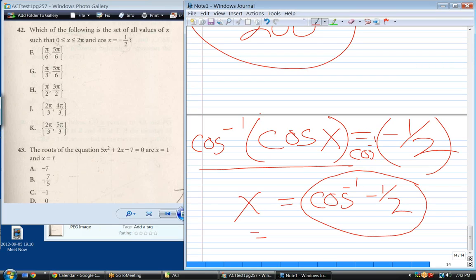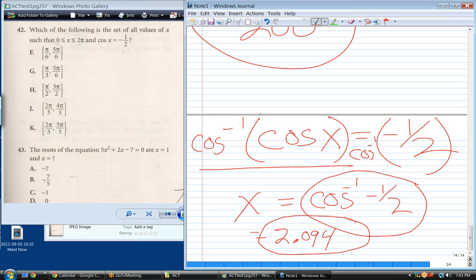I got 2.094. Now, they're not going to give it to you in decimals, but we might be able to convert that to something in terms of pi.